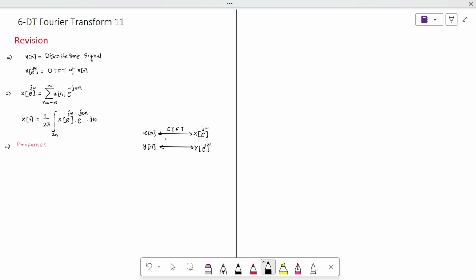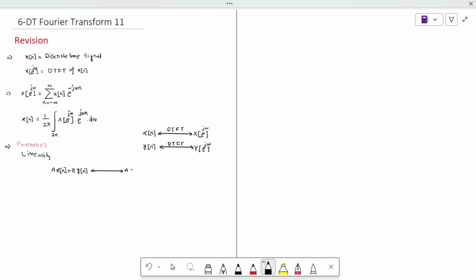The first property is the linearity property. So a into x of n plus b into y of n, here I am directly writing, I don't want to explain, since this is a revision class.